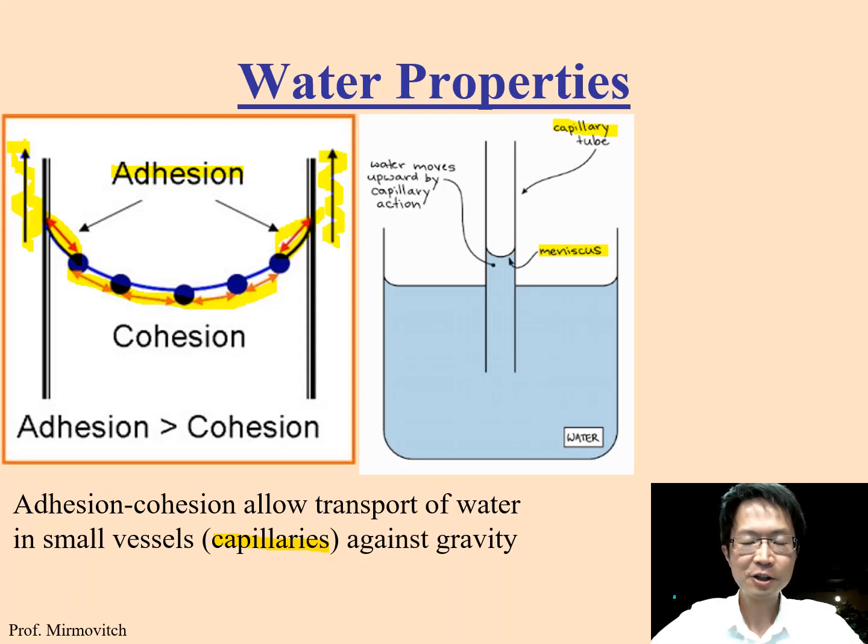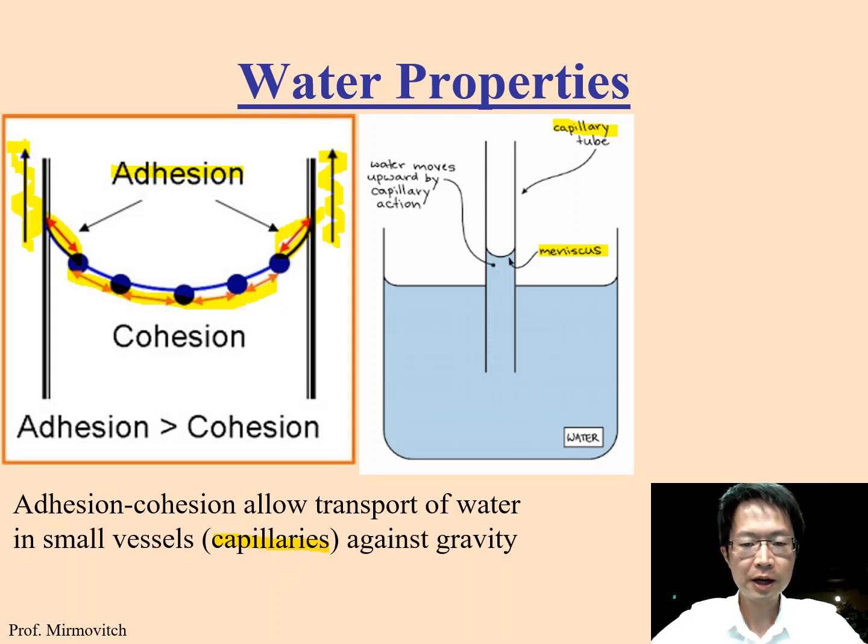And plants use this physical property of water. Water can go through a capillary in plants called xylem, so that water absorbed in the root can be pulled all the way up to the tree top to feed the leaves, so that the leaves can undergo photosynthesis.